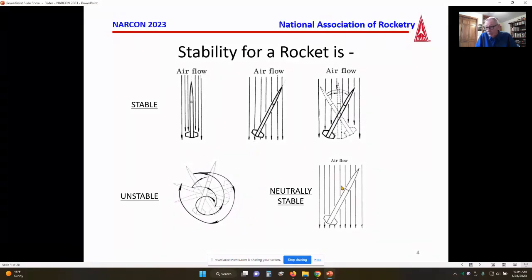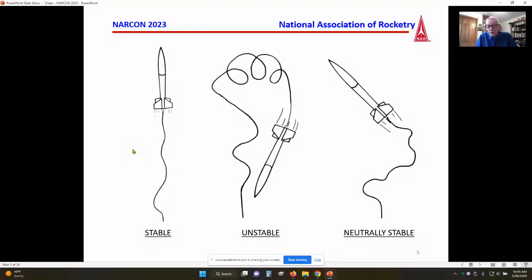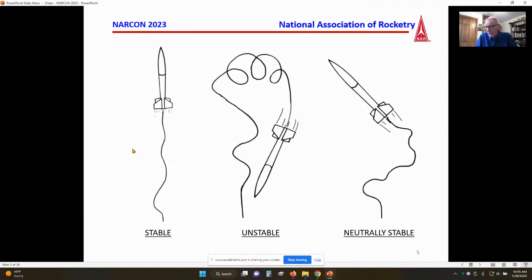And of course, if it was neutrally stable, it would just stay over to one side and have a high angle of attack. Of course, that would be what you would see if you were flying along with the rocket. This is what you would see, as many have seen, if you were watching from the side or from below. You can tell very quickly if your rocket is stable or unstable.